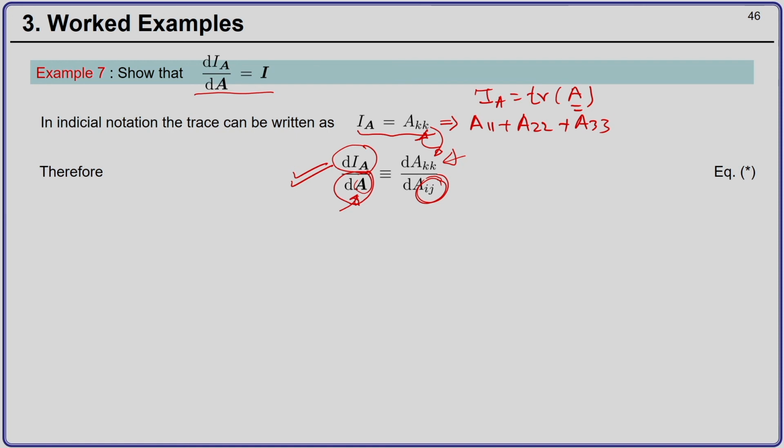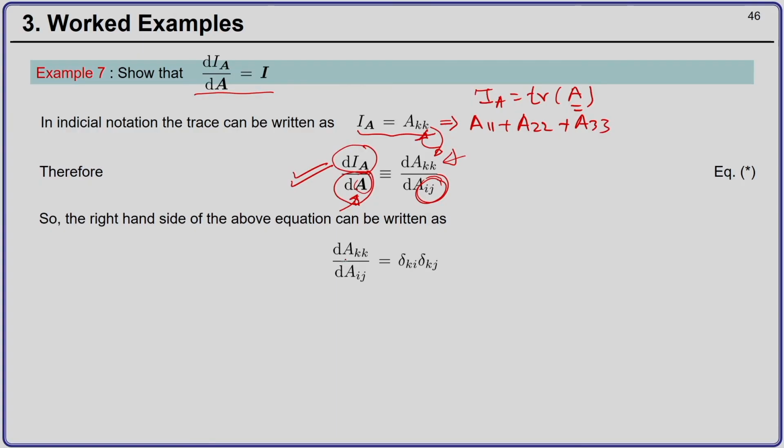Now, if you remember the expression for derivative of a tensor with respect to another second order tensor, you will notice that dA_kk by dA_ij will be nothing but delta_ki delta_kj. The first index over here and the first index over here gives you the first Kronecker delta, delta_ki, and then the second index over here and the second index over here gives you the second Kronecker delta, delta_kj.